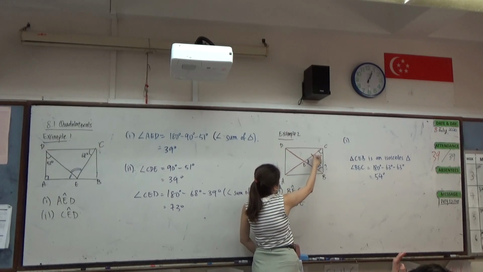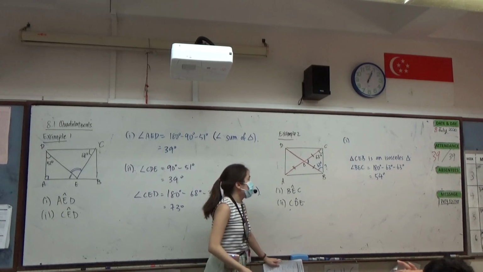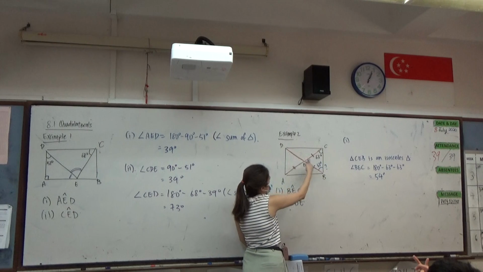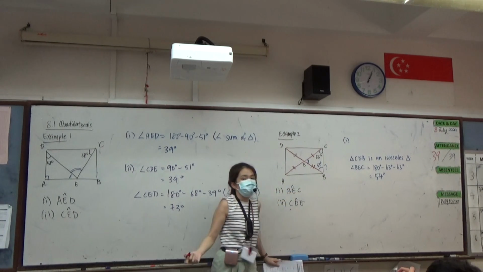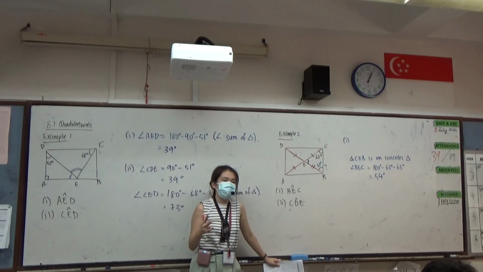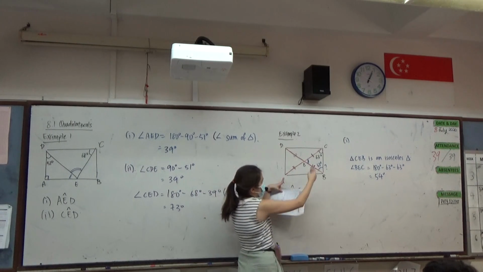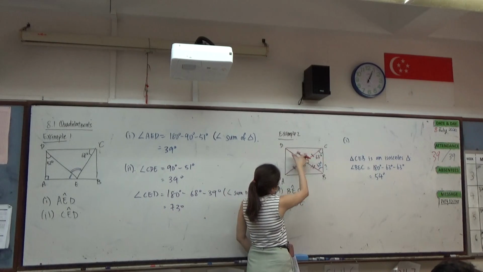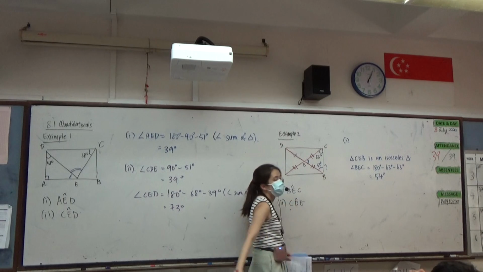That means this length here is equal to this length here. Likewise, AC cuts BD into two equal parts. That's what the second point actually means. But because the diagonals are equal in length to each other, AC and BD are equal. If they are supposed to be half of each other, that means everything has got to be equal in length.